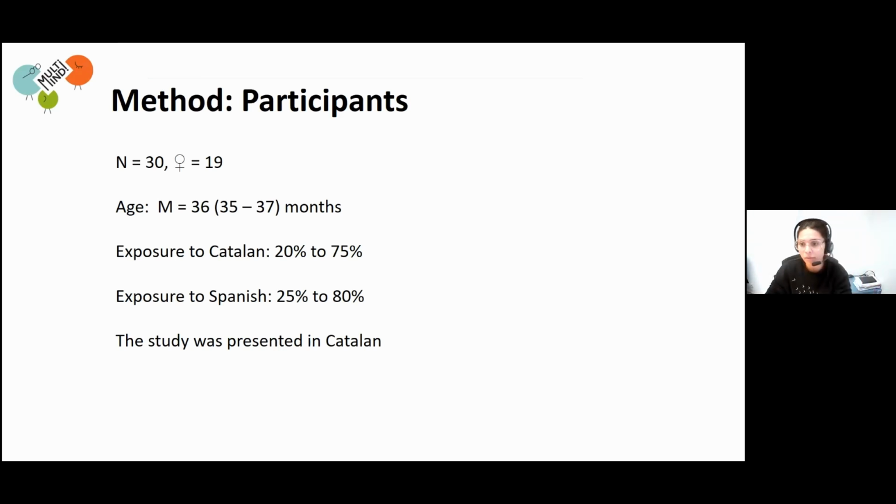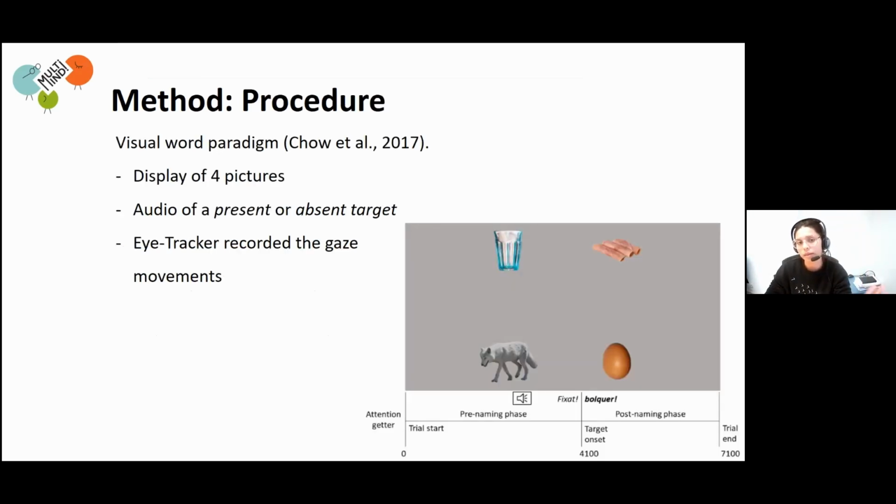And as I mentioned before, we used the visual world paradigm, in which, as you can see, we presented 4 pictures. We divided the trials into 2 main phases: a pre-naming phase, in which we gave children time to explore the screen and the pictures, and after 4 seconds, we named the target, which could be present or absent in the display.